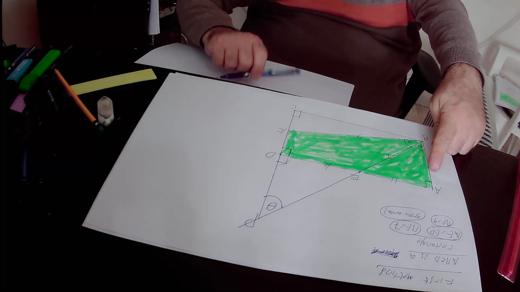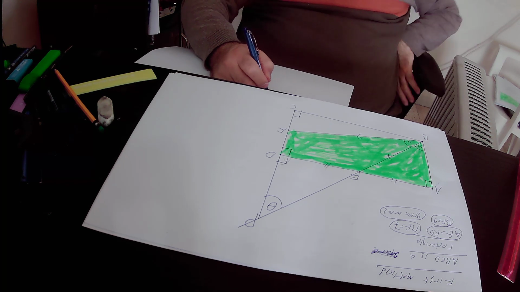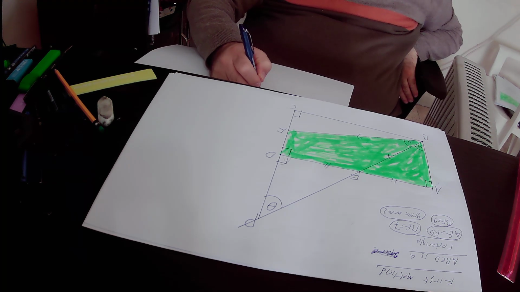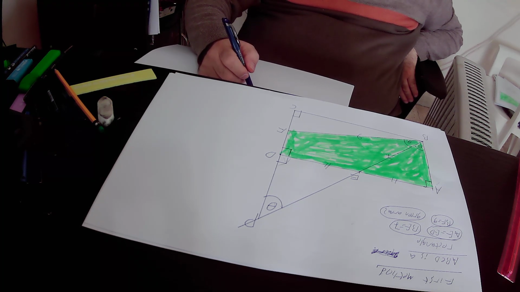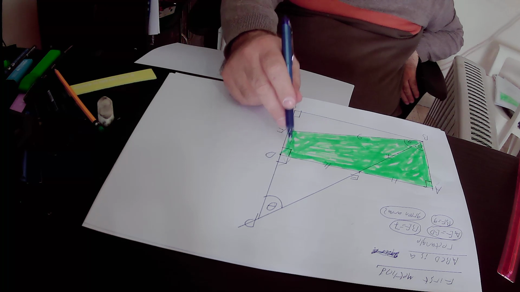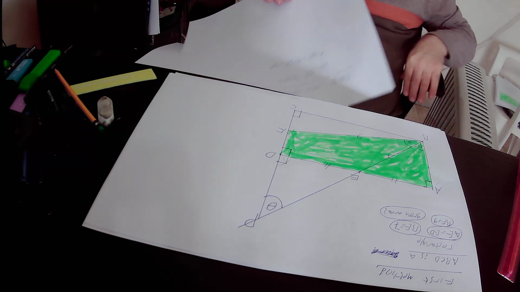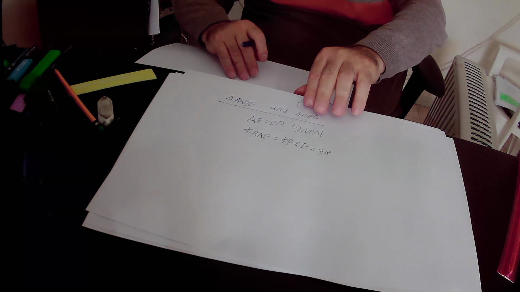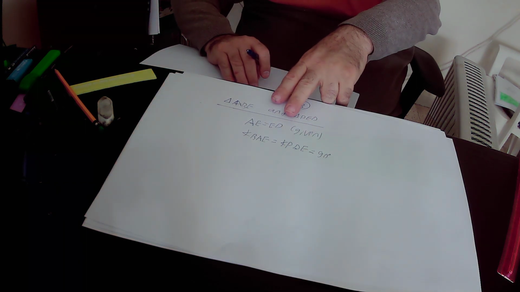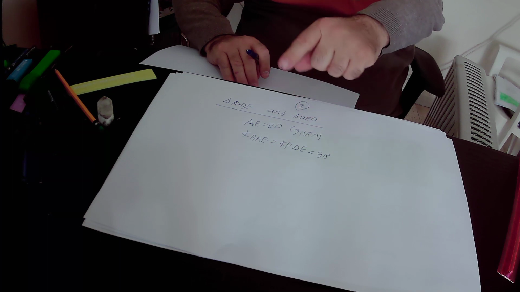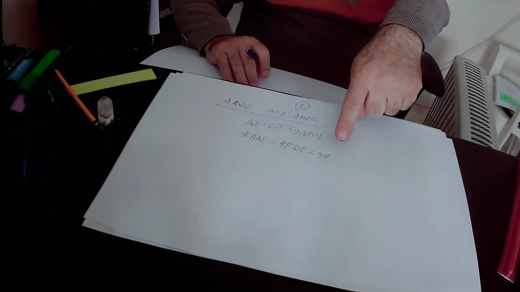That is to say, this angle BAE is equal to this angle PDE, and they are both equal to 90 degrees. I repeat again, AE equals ED because it is given in the question. Angle BAE equals angle PDE equals 90 degrees.